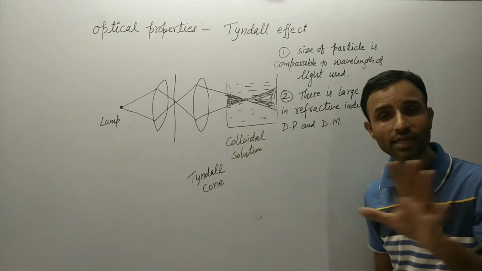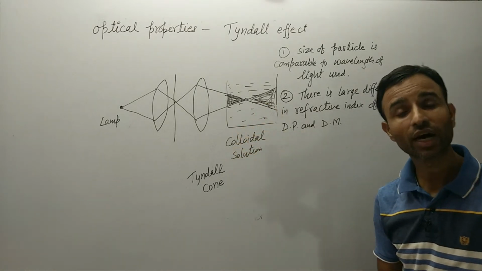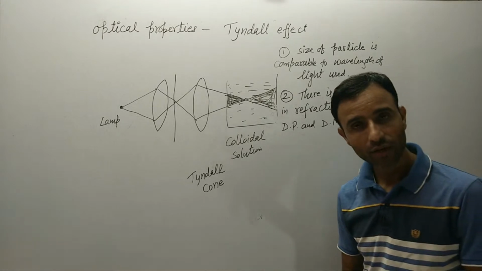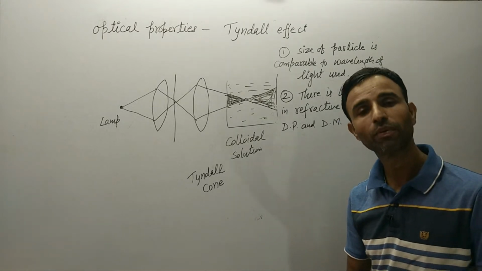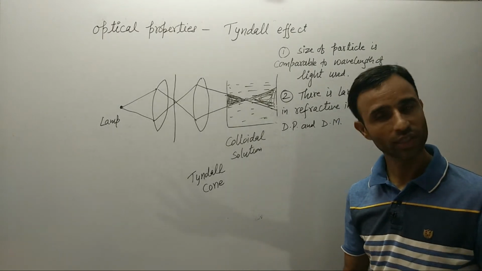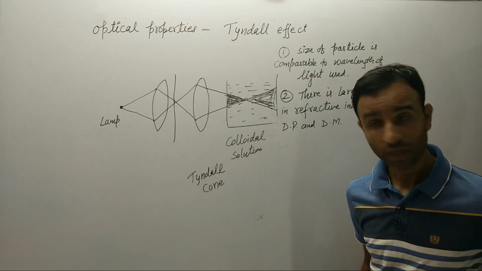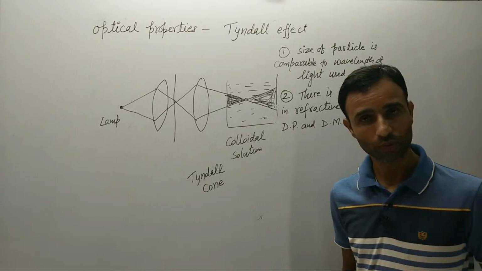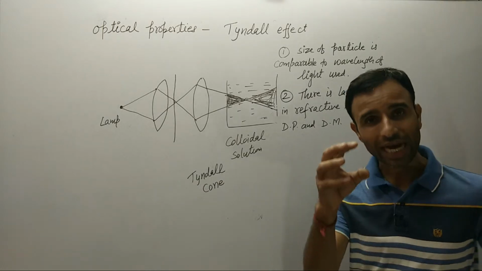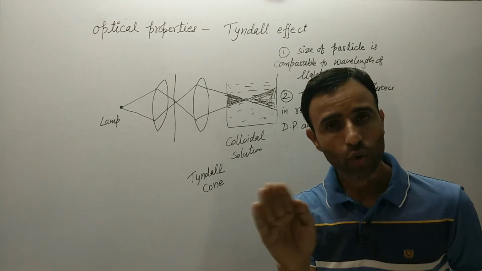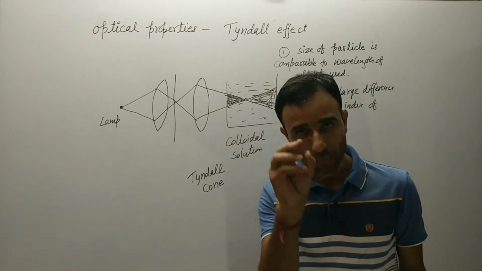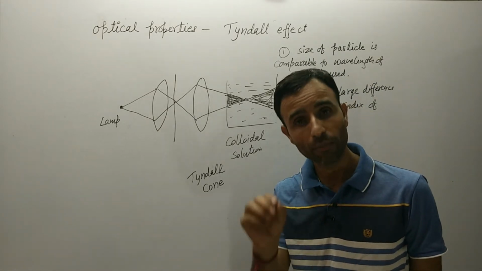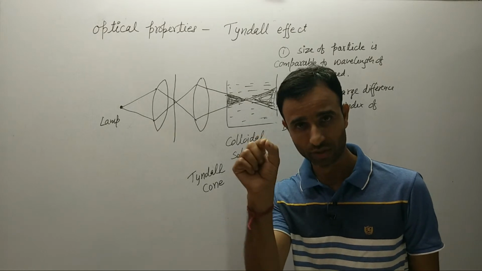Only then does the Tyndall effect take place, and this is the scattering of light by the colloidal particles present in the colloidal sol. This is responsible for the ultramicroscope, because in the ultramicroscope you are not able to see the particles, but you are able to see the bright stars.